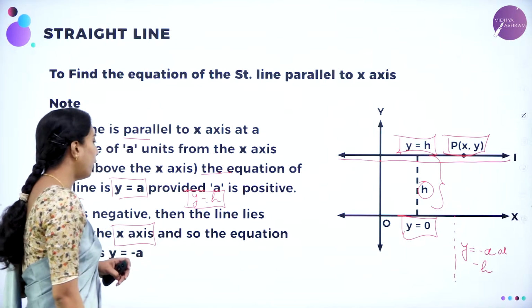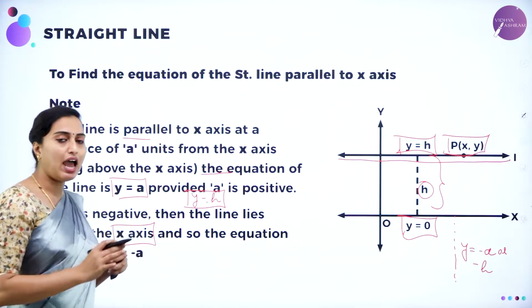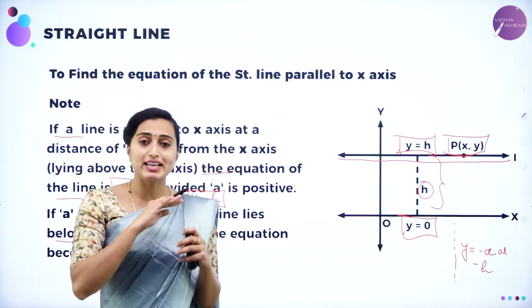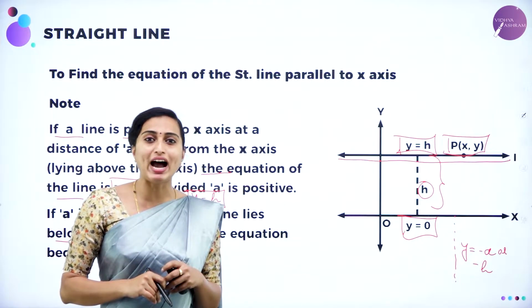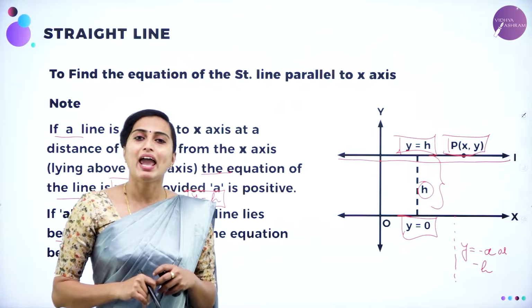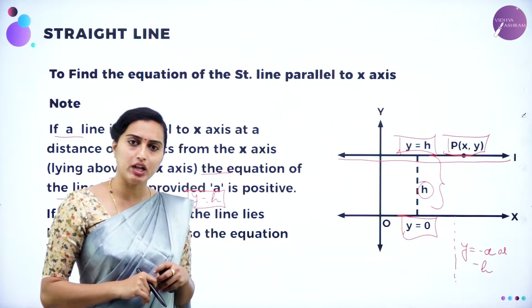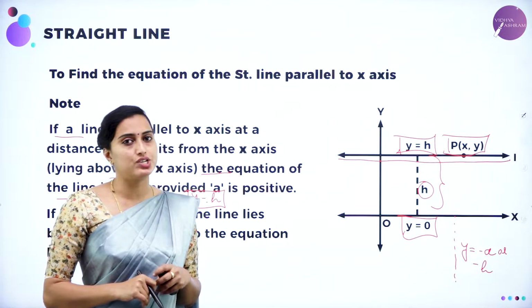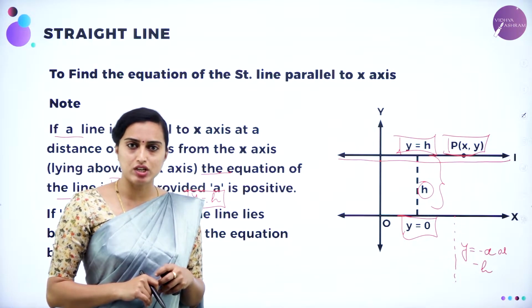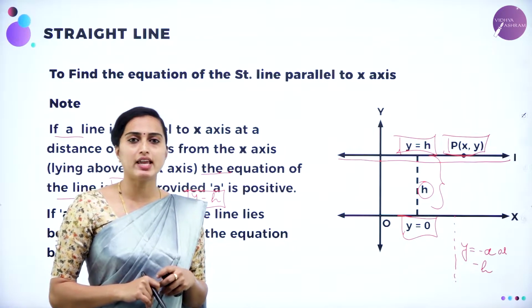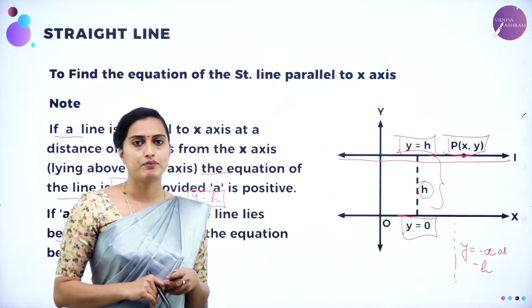So this is very important. If the line is parallel to the x-axis, then the equation of the straight line will be y = h or a, which is above the origin. If it is below the origin, then y = -h or -a, right?